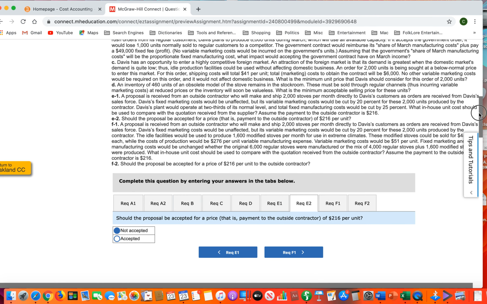And the fixed manufacturing overhead will be cut by 25%. Okay? So first of all, fixed manufacturing costs will be cut by 25%.